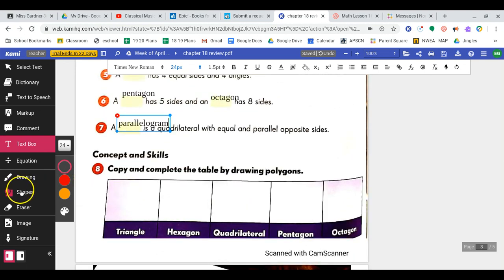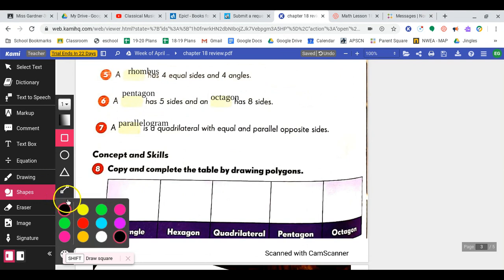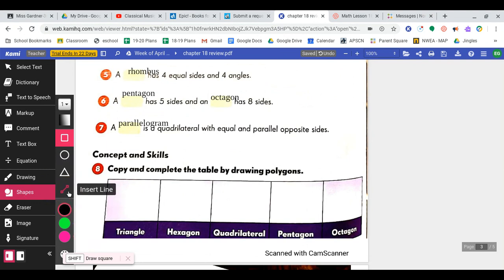Next, it says to copy and complete the table by drawing some polygons. I'm going to use this little tool over here, and I want you to do something as well. Oh, that's tiny. Can I make that bigger? Nope. Oh, that's an interesting thing to do on this website. I had not seen that before, that you can possibly make some congruent figures from the ones that you choose.